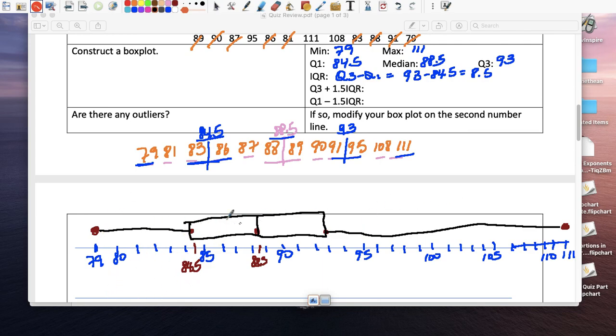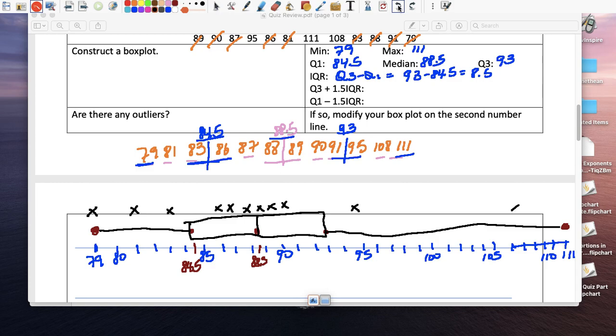If this was a dot plot, let me just do a dot plot quickly. 79, 81, 83, 86, 87, 88, 89, 90, 91, 95, 108, 111. Just showing you that our data looks like it's correct. Like 50% of our data is from 84.5 to 93, just by looking at that. So these two, or maybe even these two here, do seem like outliers.